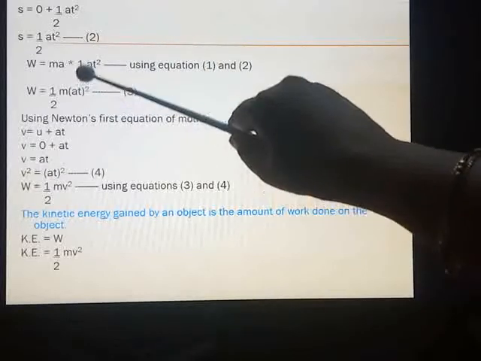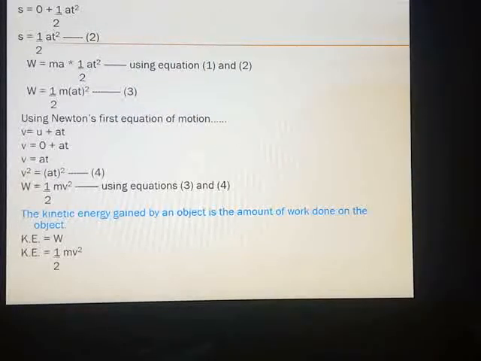So put at inside the bracket, at whole square. Now by using Newton's first equation of motion, that is v is equal to u plus at, u is equal to 0. So what is v? v is nothing but at. So in place of at you can put v. So what will you get? Half m, and in place of at you are putting v.